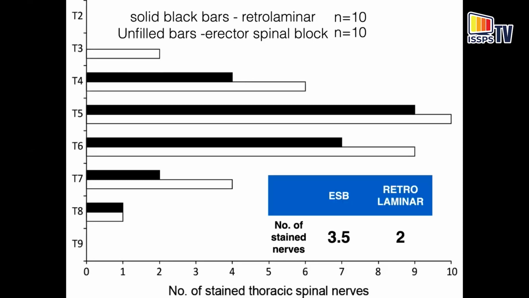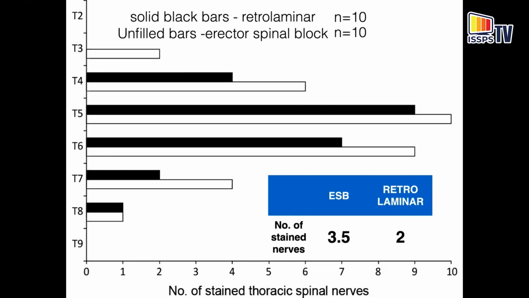So although the thoracic spinal nerves were involved, and more nerves were involved on average, 3.5 versus 2 with the retrolaminar block, there was limited spread.